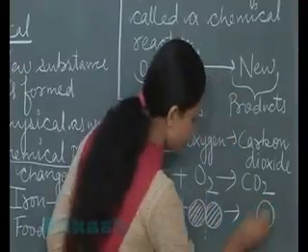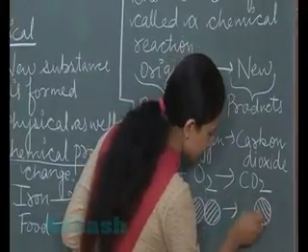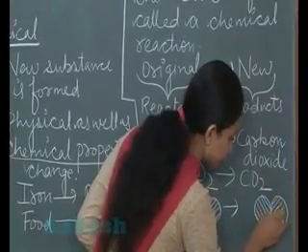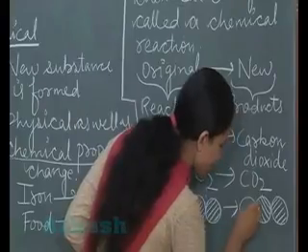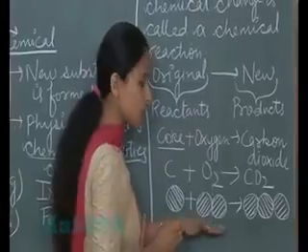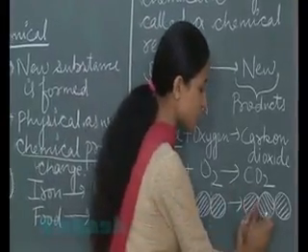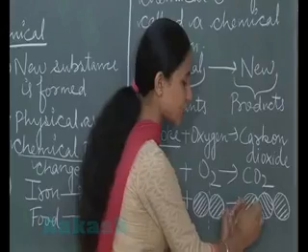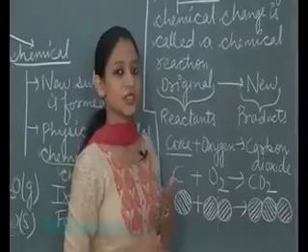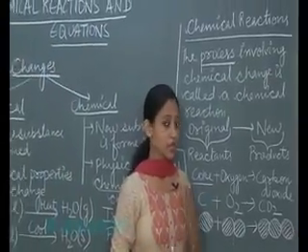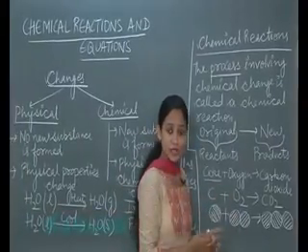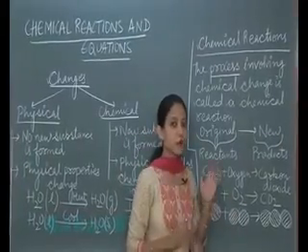So in the new bonds formed, carbon will be in the center and the oxygen atoms will form bonds with the carbon atom. I hope, students, it is clear. So this represents the carbon atom and the oxygen molecule, and here is the formation of new bonds between the carbon and oxygen atoms. So this is the carbon dioxide molecule. So during a chemical reaction, there is just the rearrangement of atoms. It is not like the atom of carbon will change into the atom of any other element. Now students, I hope this is clear.